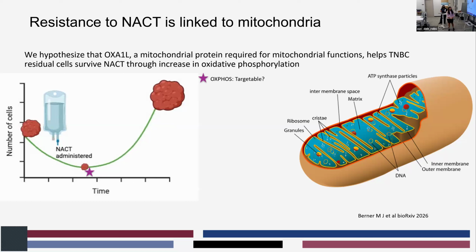So our hypothesis is more specifically related to the mitochondria, which y'all know would be the powerhouse of the cell. So going back to one of the findings where a tumor can shrink temporarily with the chemo administration and then grow back, we believe it's more specifically related to this protein called OXA1L, which is required for mitochondrial functions, and it's related to a metabolic pathway called oxidative phosphorylation, which is the metabolic pathway by which cells produce their energy source, ATP.